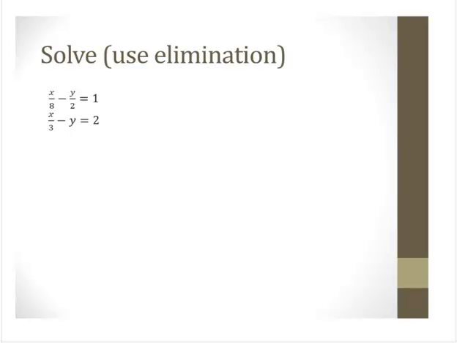I'm going to multiply the first equation by its common denominator, which is 8, and the second equation by its common denominator, which is 3. And so that yields then x minus 4y equals 8, and x minus 3y equals 6.